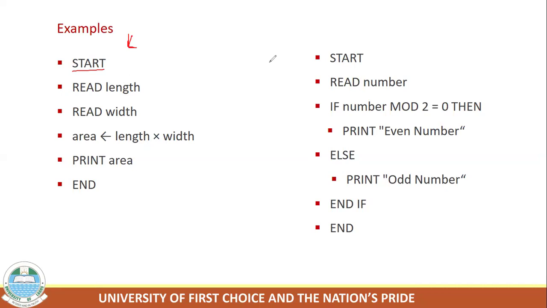All right, so let's look at this second one on my right. Can you look at it carefully and tell me what it does? Because it's a pseudocode, it's not really a code, but let's look at it. What does it do? To determine whether a number is even or odd.